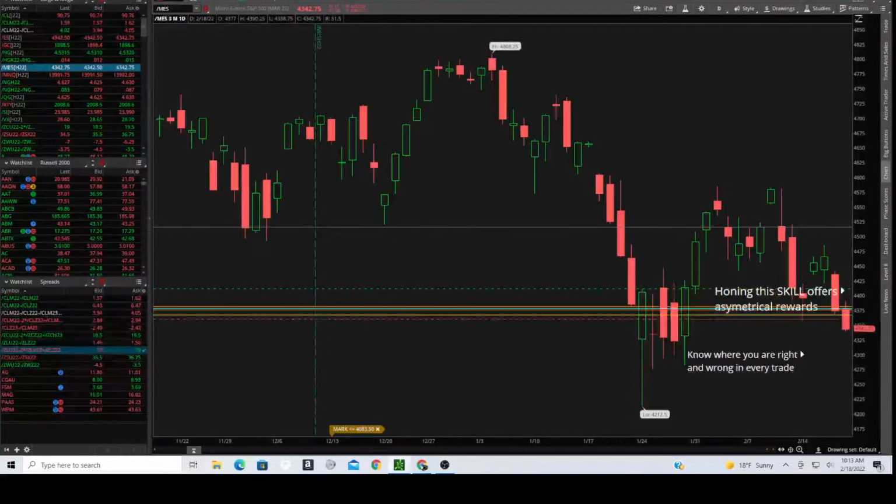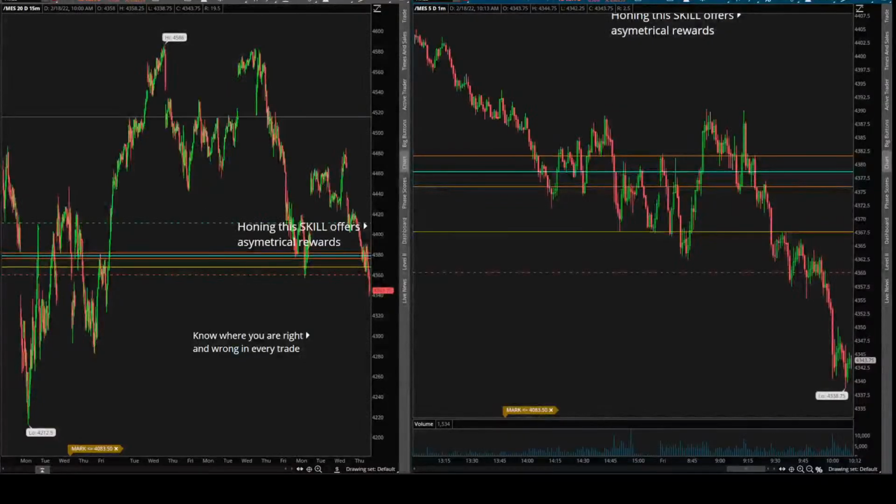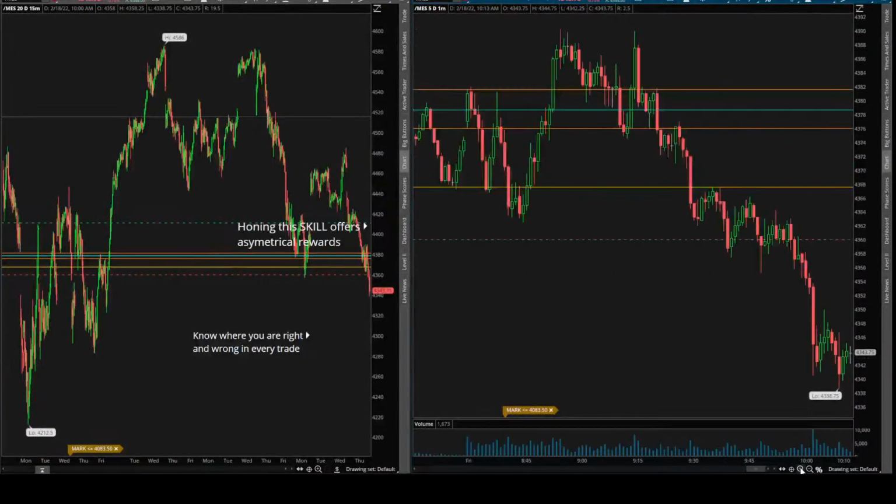Let's see, next area. Not sure. Let me switch it back over to the other screen here. Was it that one? There it is. Okay. Let's see.